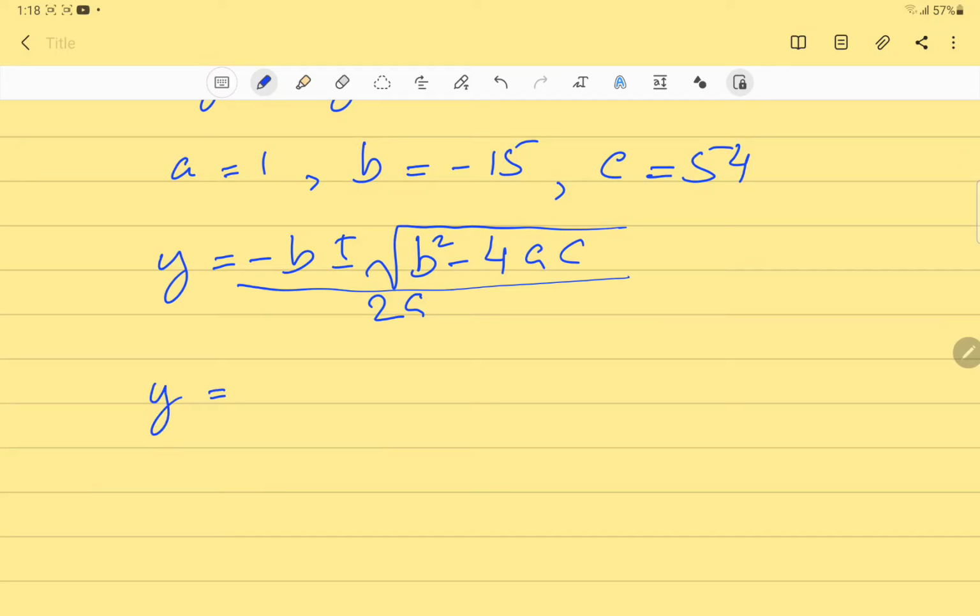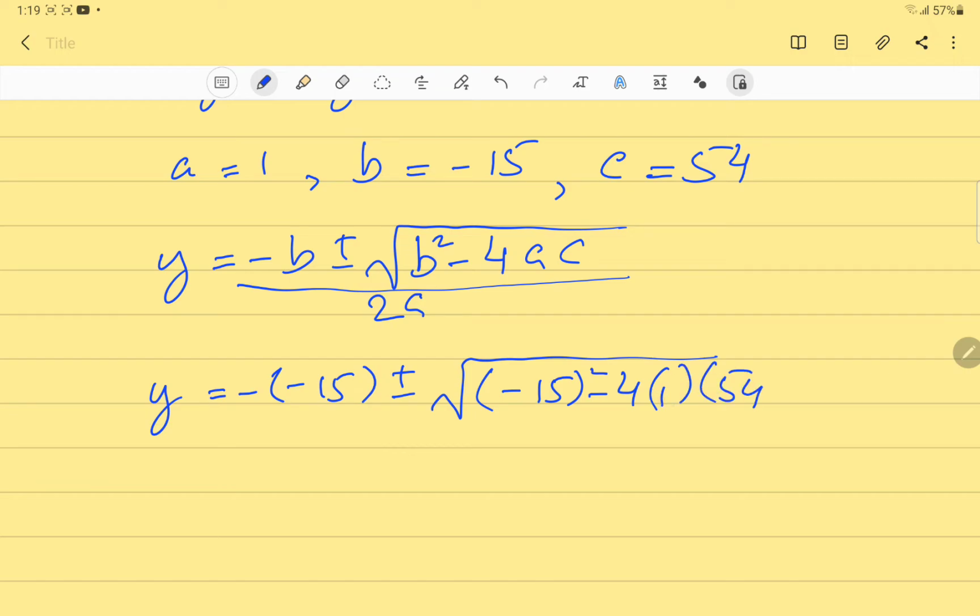Now we will substitute the values of a, b and c in this formula. So y is equal to minus into minus 15 plus minus square root of square of minus 15 minus 4 into a's value 1 and c's value 54 over 2 into 1.